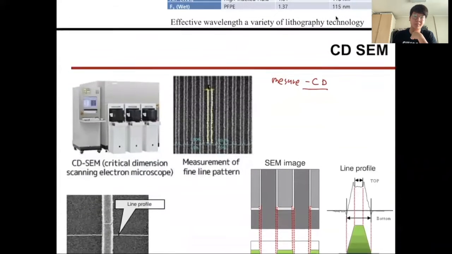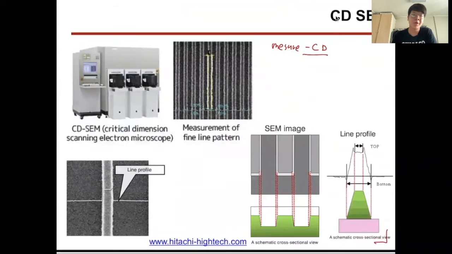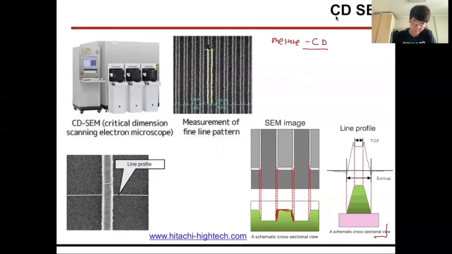And we measure this critical distance using an electron microscope. Using the microscope, we can measure the slope between the edge and the distance between the lines.